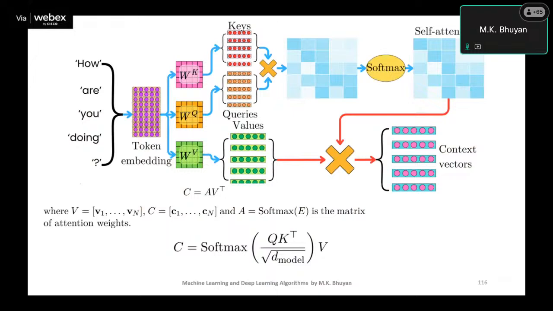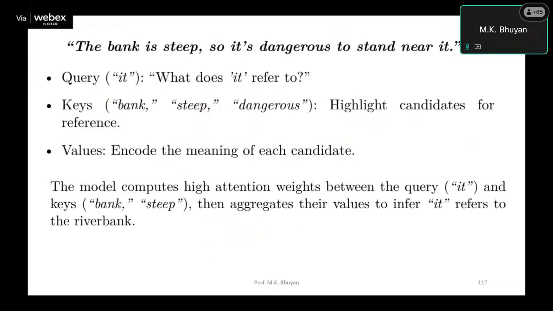For this example, "The bank is steep, so it is dangerous to stand near it", the query is "it". What is the meaning of query? Query is "it", and the keys are "bank", "steep" and "dangerous". Value encodes the meaning of each of the candidates. This model computes high attention weight between the query "it" and "bank" and "steep", because it means the river.